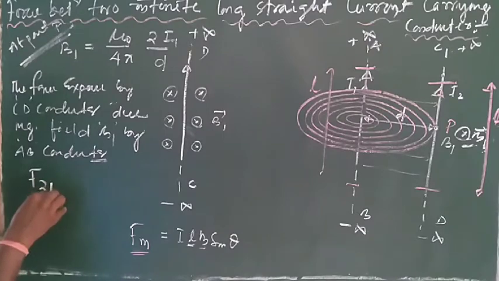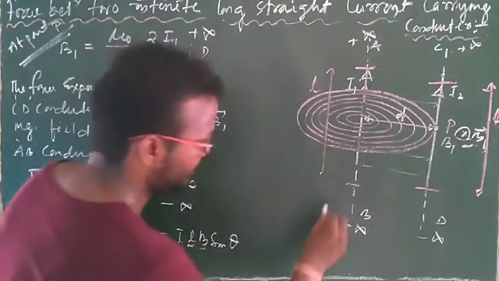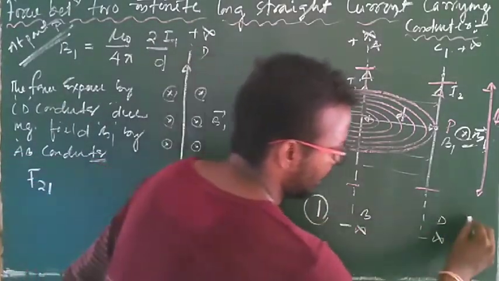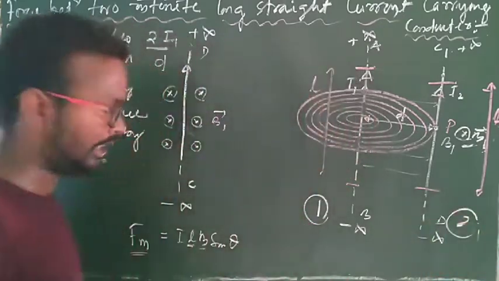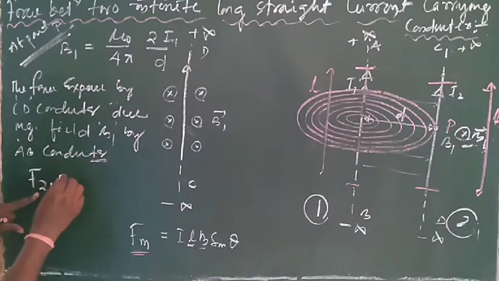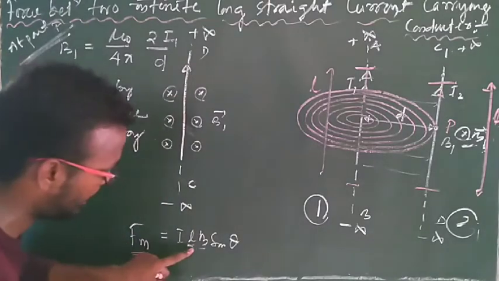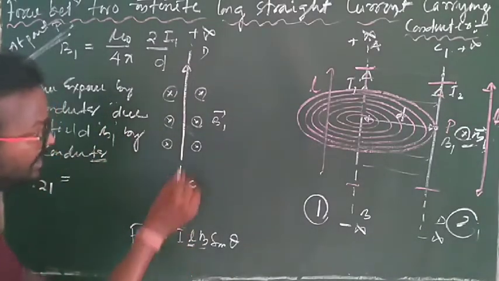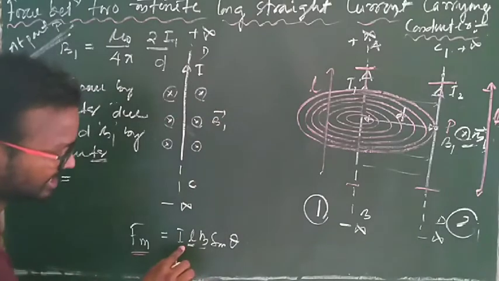F21. What is F21? If this is the first conductor and this is the second conductor, then F21 is the force experienced by the second conductor due to the first, which can be written as I L B. What is I? If the current is I, then this relation holds.